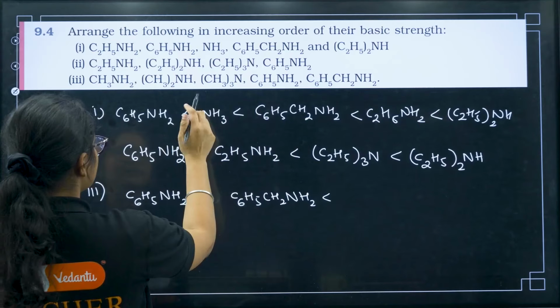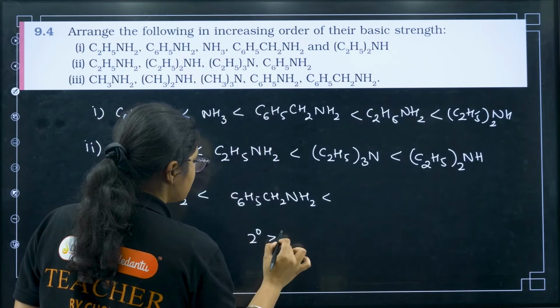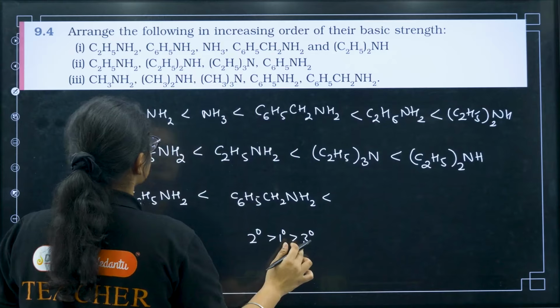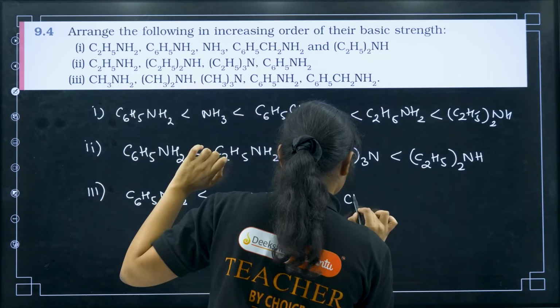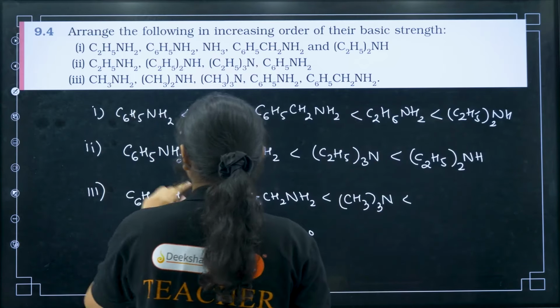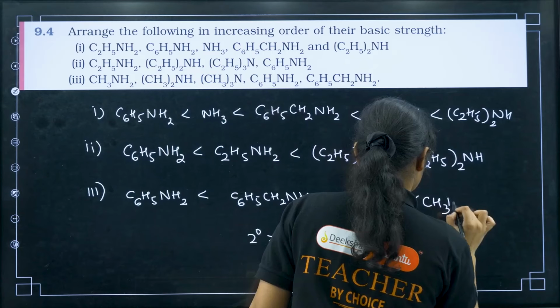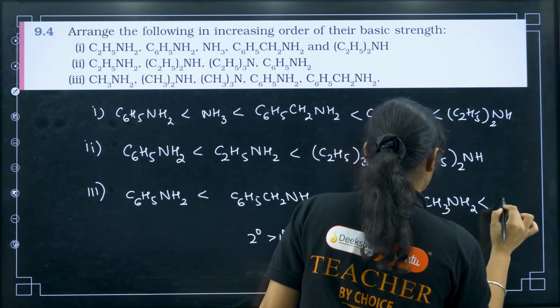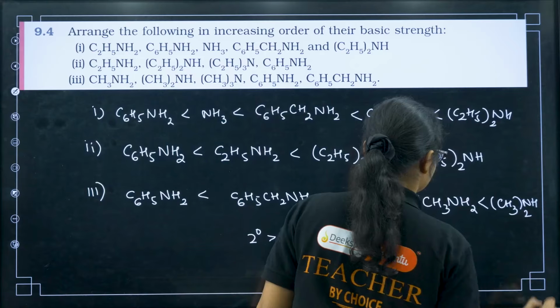After this you see here it is the methyl group. For the methyl group, what is the order? 2 degree, 1 degree and 3 degree. So 3 degree will be the least one, that is (CH3)3N. Next we have 1 degree, that is CH3NH2, and then we have 2 degree, that is (CH3)2NH.